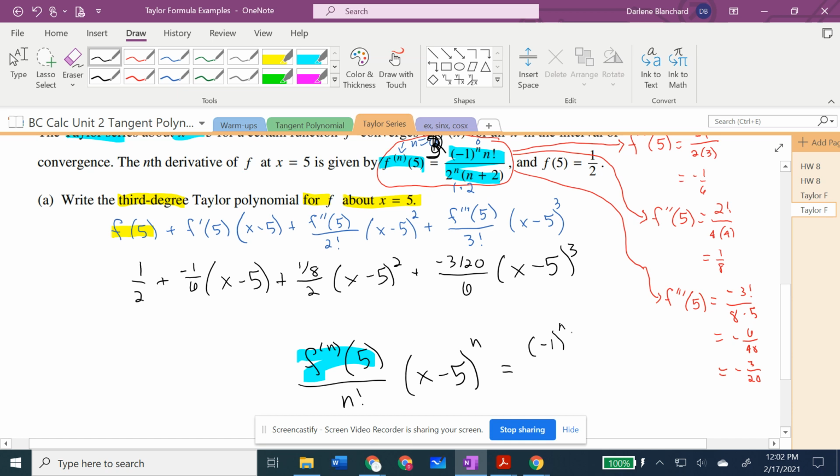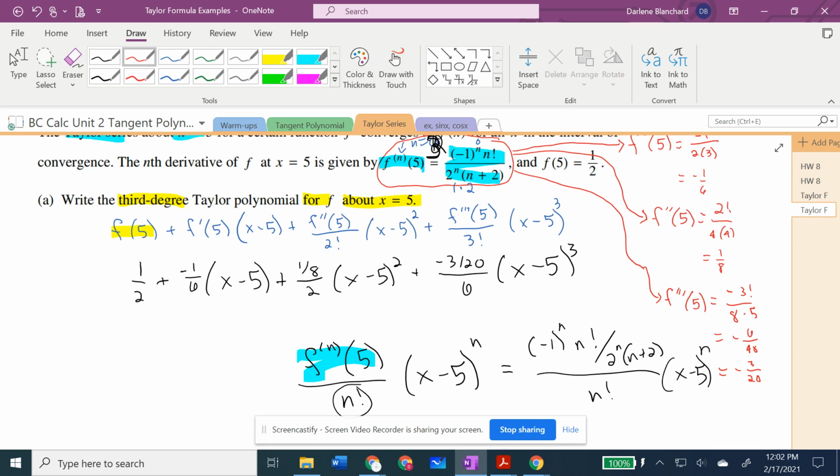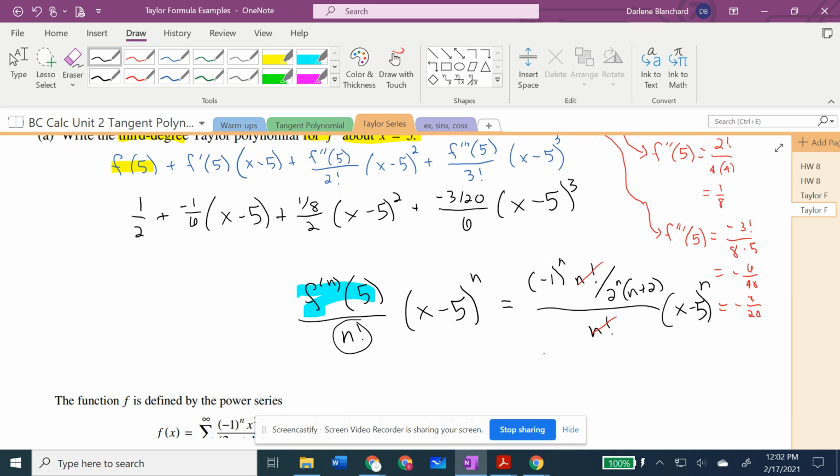Replace the nth derivative with its formula, and then this n factorial. That causes the n factorials to cancel each other out. And then it's less plug and chug. So yeah, you can do that.